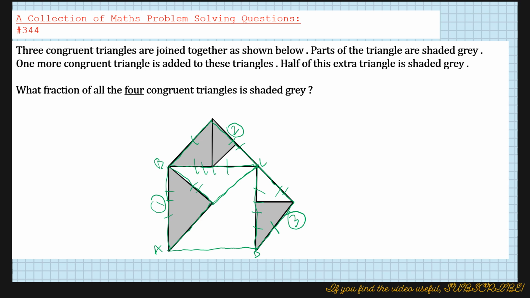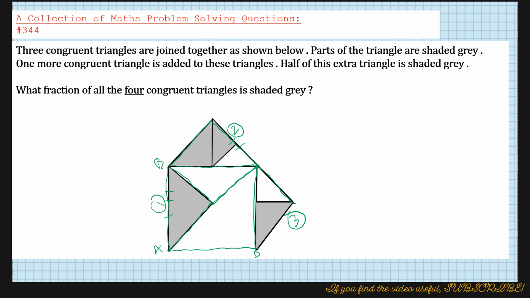So I think if we were to extend this, this would be the other congruent triangle. So if this was the other congruent triangle, this is the third congruent triangle.